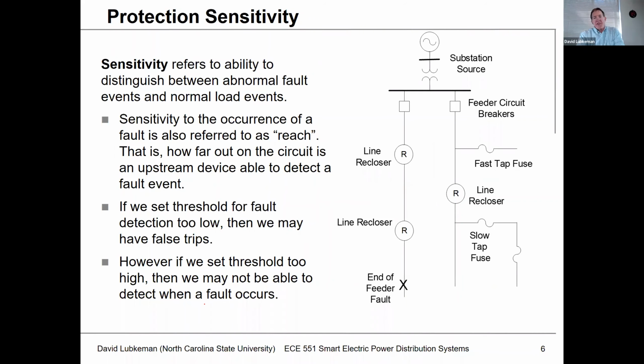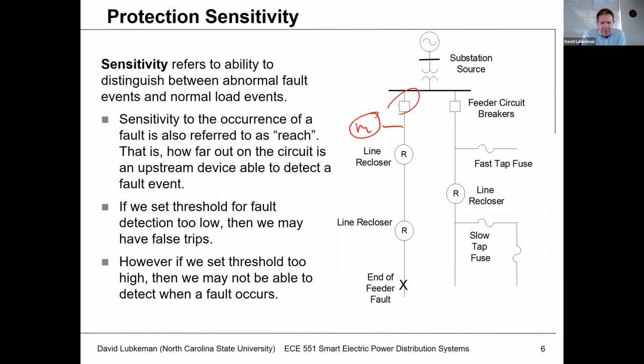For example, if I had a large motor connected to this circuit and I start it up, I'm going to have a large inrush current associated with it. We wouldn't want the relay at the top of the feeder thinking that was a fault, right? So we need enough sensitivity to distinguish between that motor start event and a fault on the circuit.